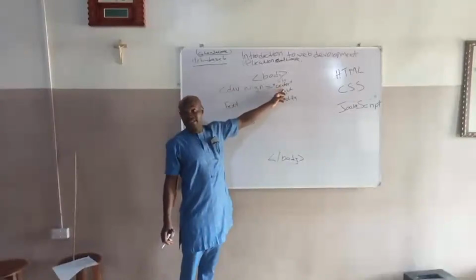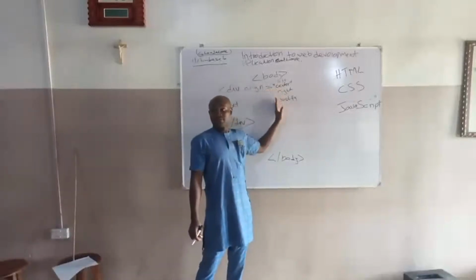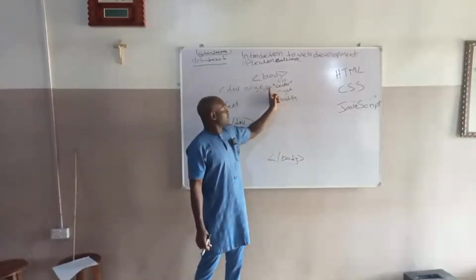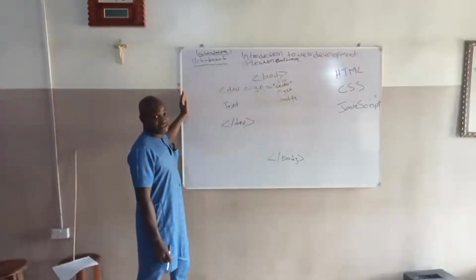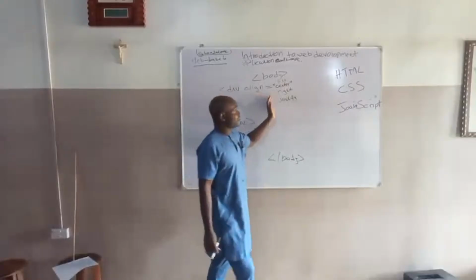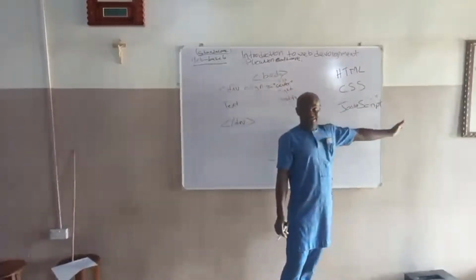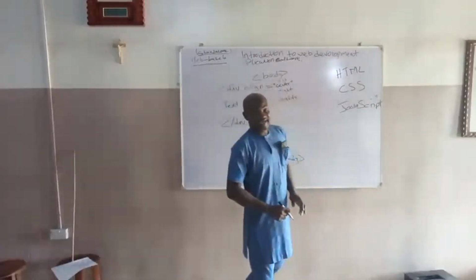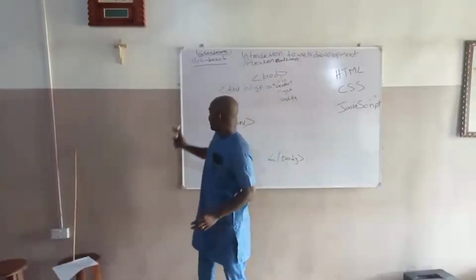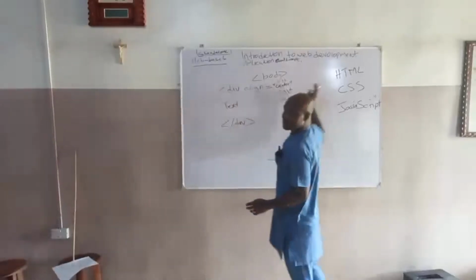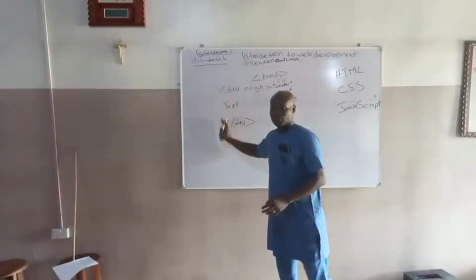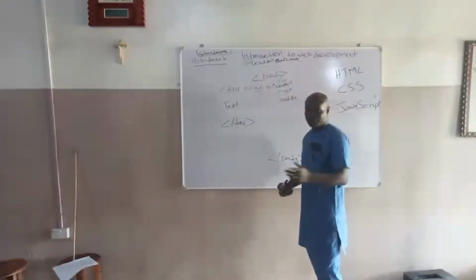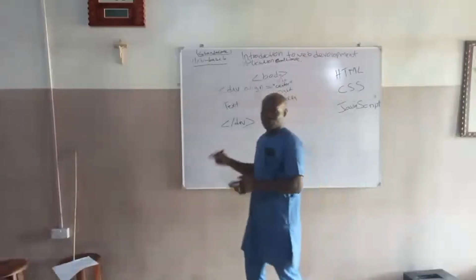Since we're using center, it will appear at the center. If the value is left, it will appear at the left side. If it is right, it will appear at the right side. If it is justified, the length will be equal on both sides; the text will be justified. We expressed that in writing before we drew the diagram.